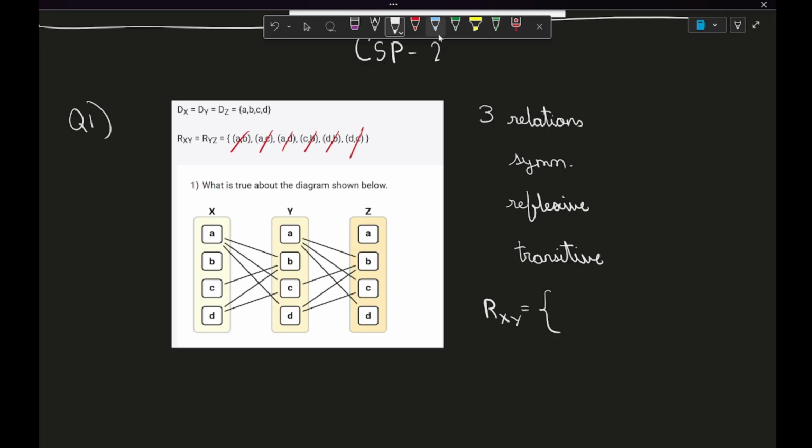If we assume that transitive relations are allowed between X and Z, can we write a relationship between them? Let's try that. A comma C and C comma D, right? A comma B. We can just copy from this itself.